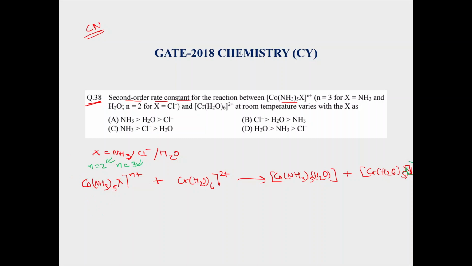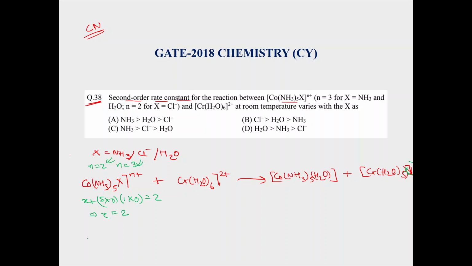If we consider that x is the oxidation state of this cobalt, then x plus ammonia is a neutral ligand, so 5 into 0. And when it is water or ammonia, as water and ammonia are neutral ligands, it will be 1 into 0. So this is n. They have given for ammonia and water the value of n is 2. Therefore, when X is NH3 or H2O, x is equal to 2.